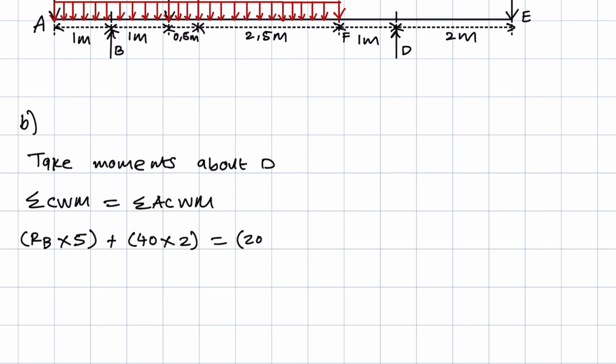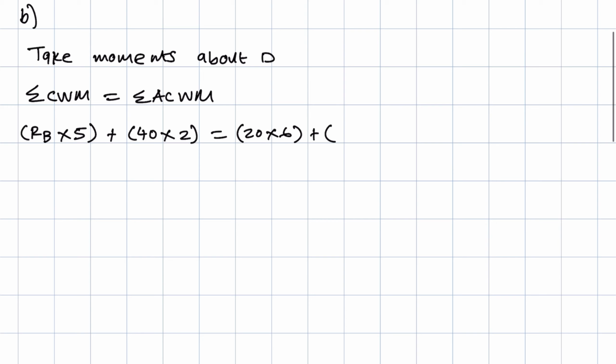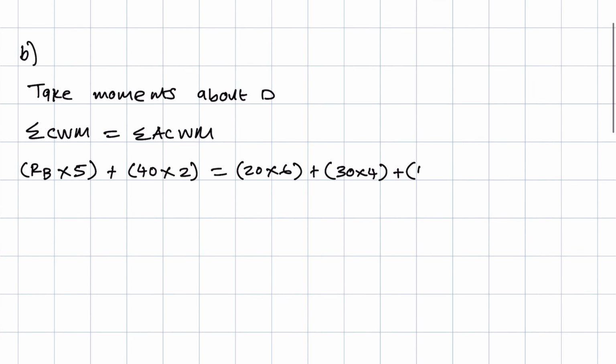So you have the 20 times the perpendicular distance from 20 to D, which is 6 meters, plus the 30 times 4, plus the 60 times the perpendicular distance 3.5.